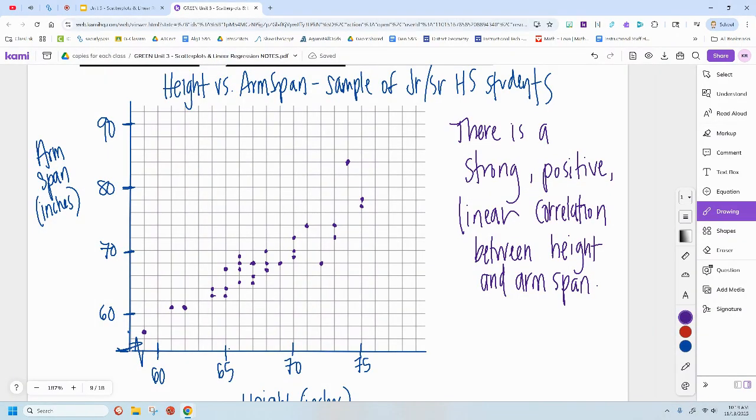Okay. Now, I want you to put your ruler on this one and draw in a line. So, I want you to tell me though, how much do you want to consider this point up here? There's a possible, like this point could be an outlier.